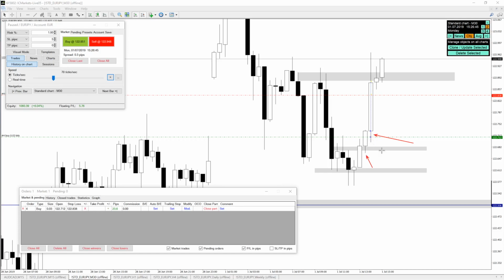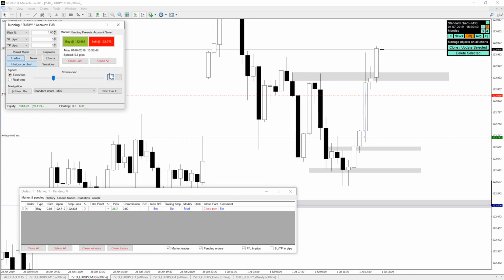But if it was still respecting the low of the previous candle, that's why it would make sense to add a position right over here and keep the stop loss the same. So this is a little advanced concept. You need to have a really strong understanding of dynamic risk and the risk management part 2.0 and 3.0.